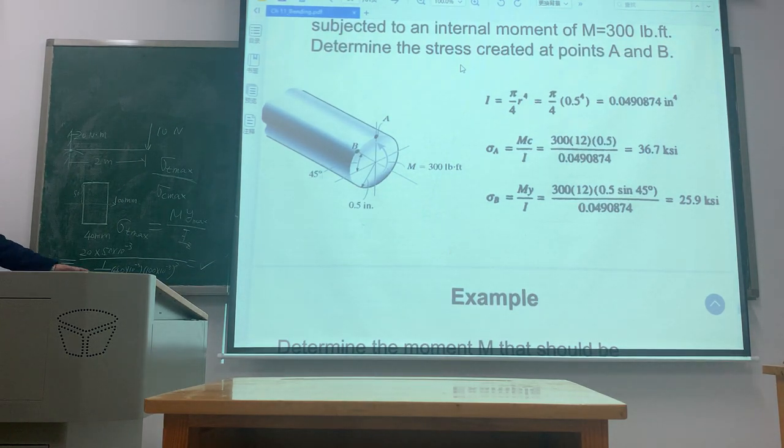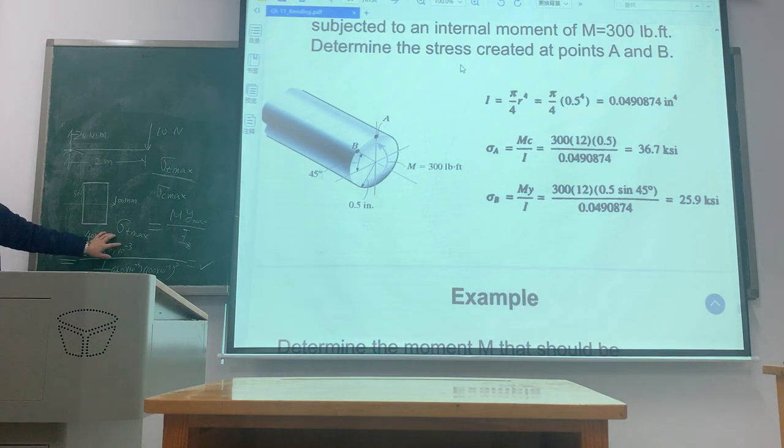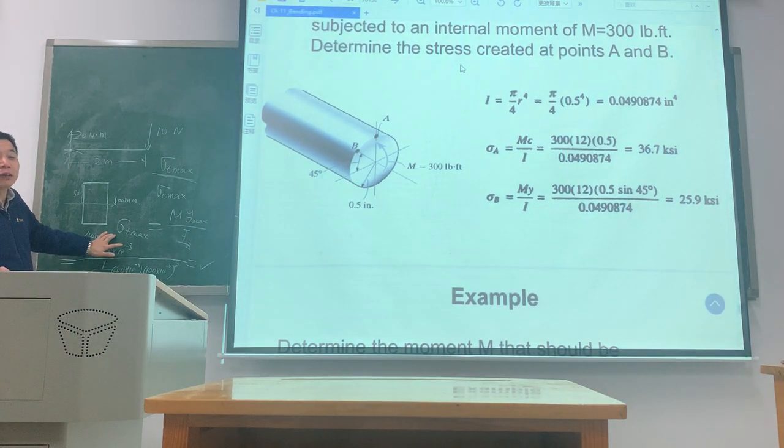In this way, we find the maximum normal stress in the beam. If the stress is more than the allowable stress, the beam will break.